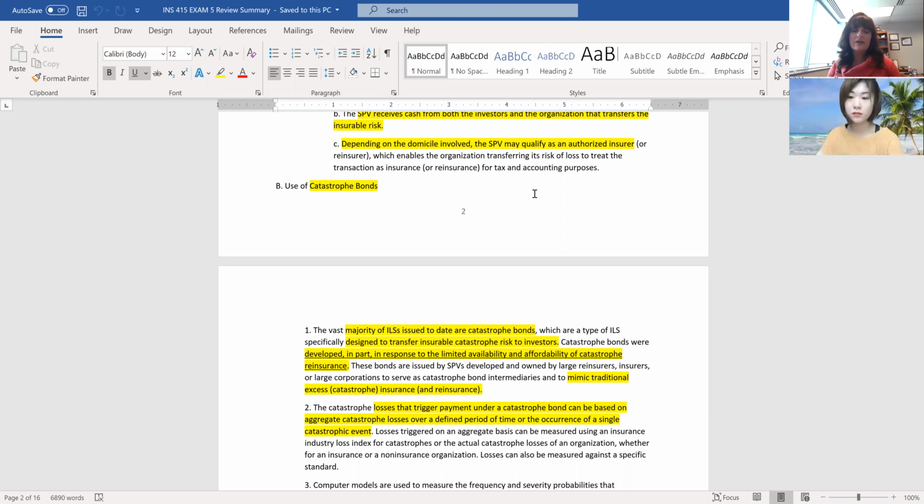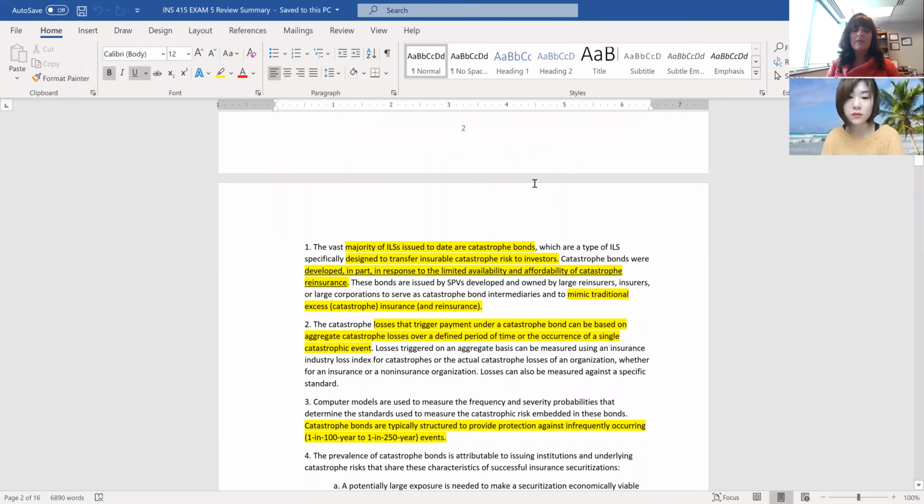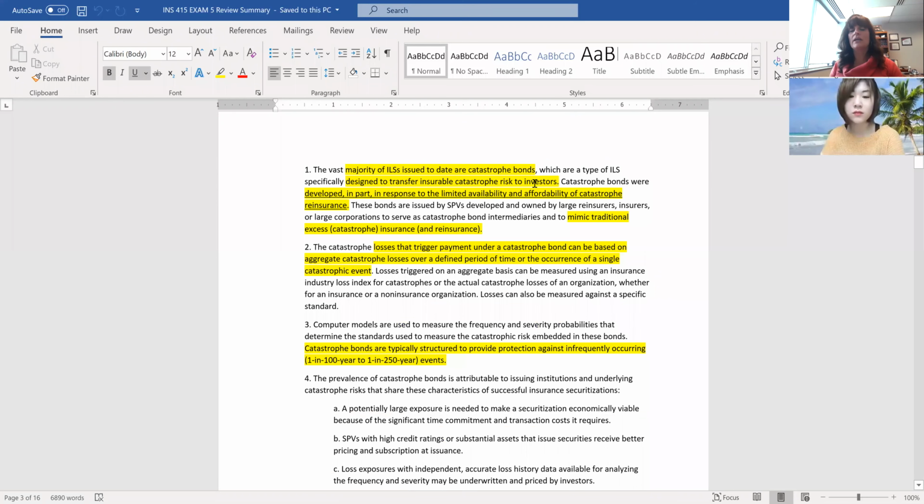And losses that trigger payment under a catastrophe bond are usually based over a period of time. What's the total loss? Let's say it's hurricane season. If this year's hurricane season exceeds a certain level, then those catastrophe bonds will be triggered. Most of these bonds are structured to only pay for very, very infrequent events like the 1 in 100 year event or 1 in 200 year event.